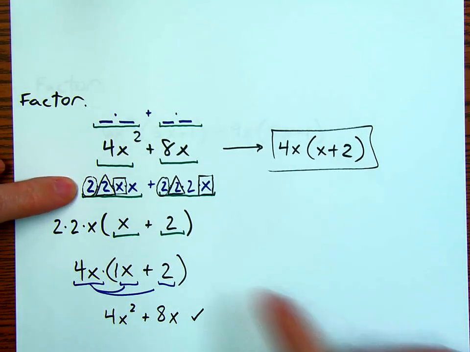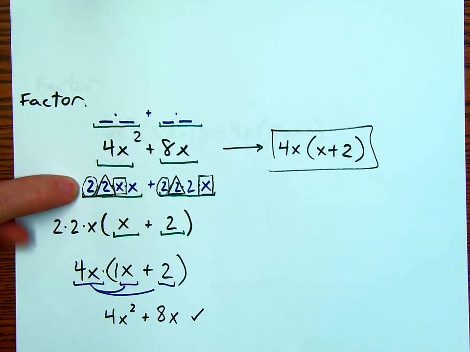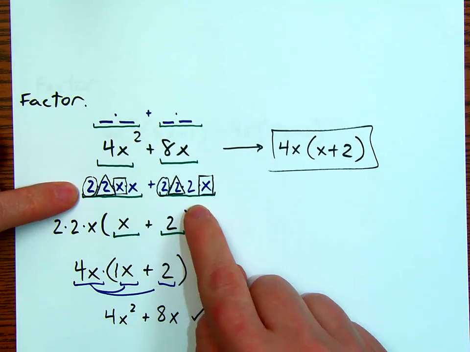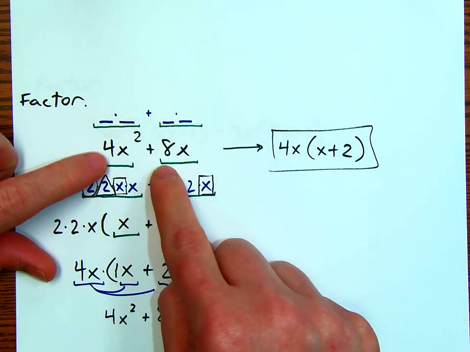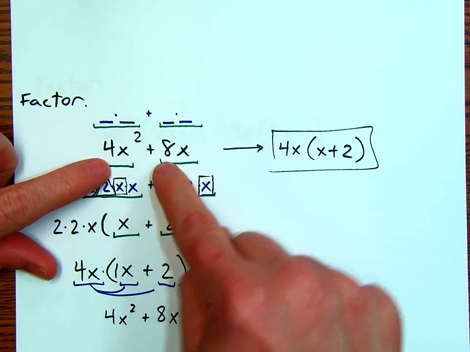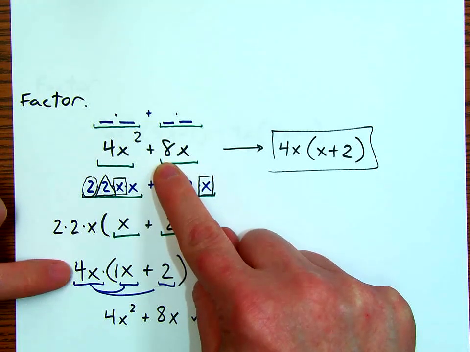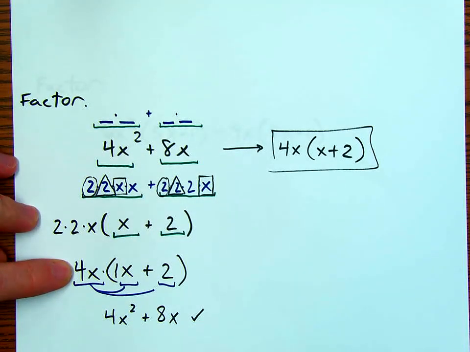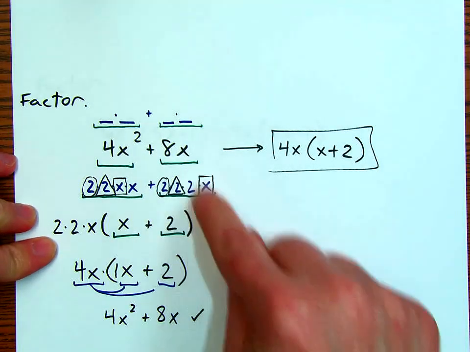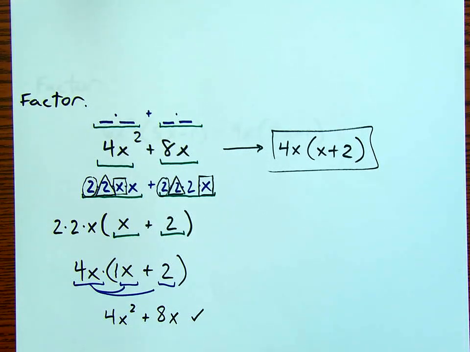So for the time being, we'll consider all the multiples broken down, but as you get used to this process, you probably don't have to write them all out. You can kind of just recognize that maybe 4 and 8 have a common multiple of 4. 4 and 8 both are divisible by 4, so we can pull that out. So you can kind of skip some of the steps as you feel comfortable.